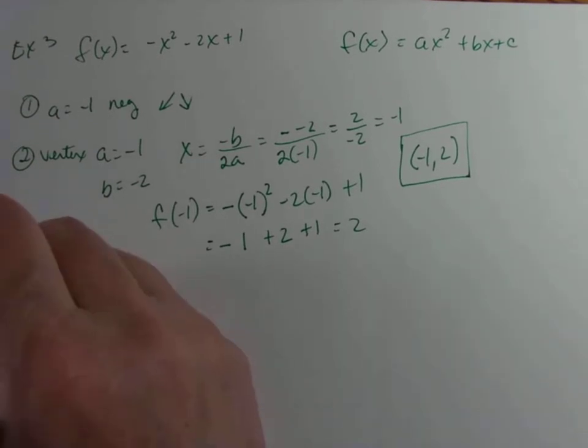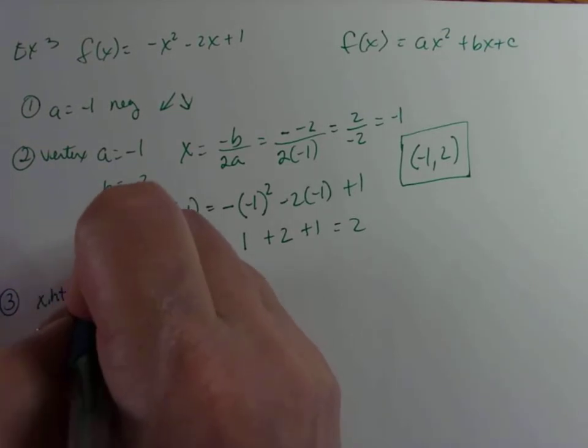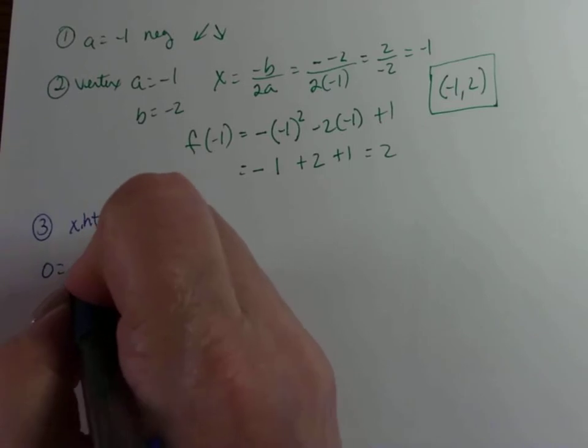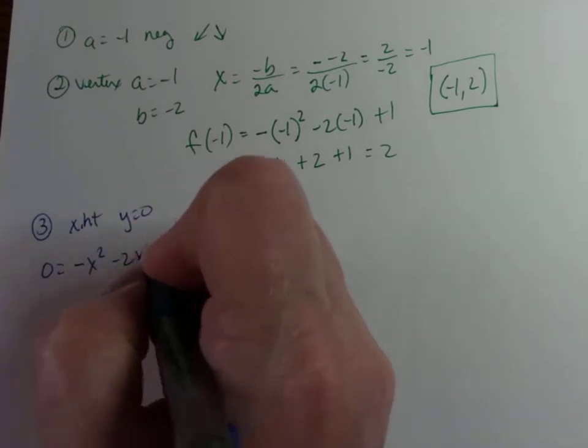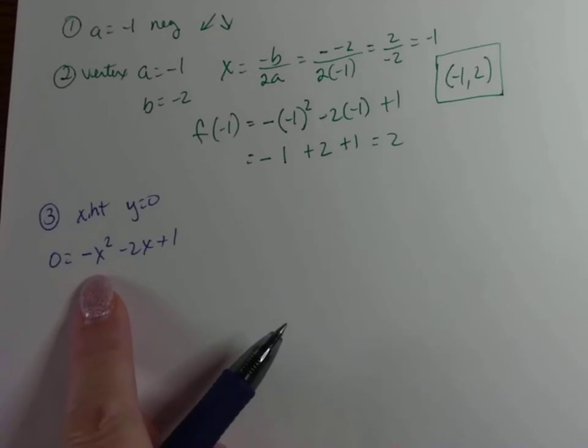All right, let's look at step 3. That's going to be our x-intercept. And again, our y is still equal to 0. So 0 equals -x squared minus 2x plus 1. And we're going to try to factor this. And it's easier to factor if we make our x squared a positive.